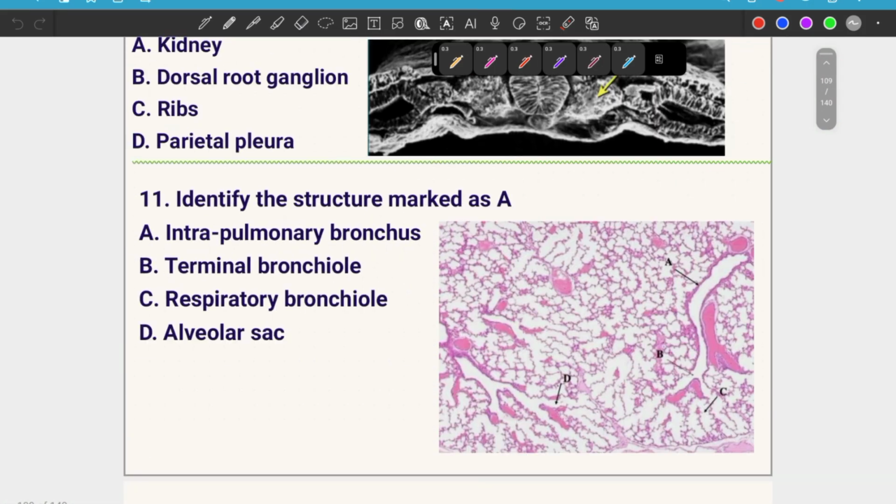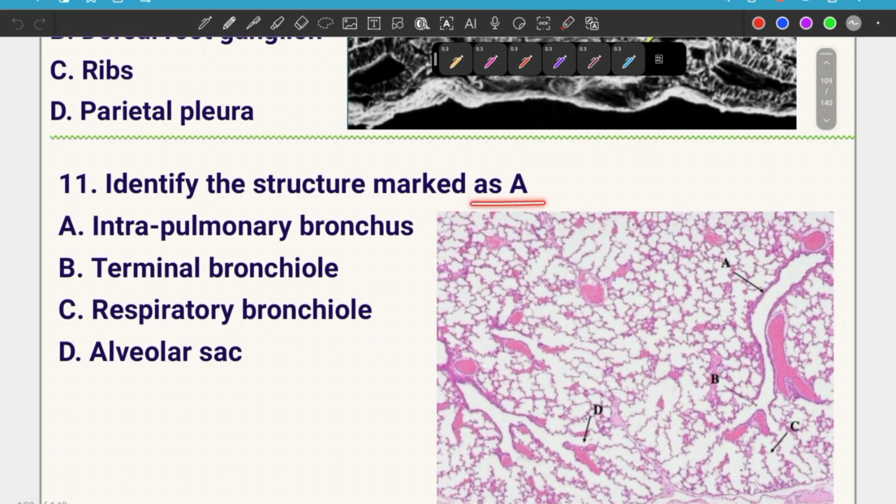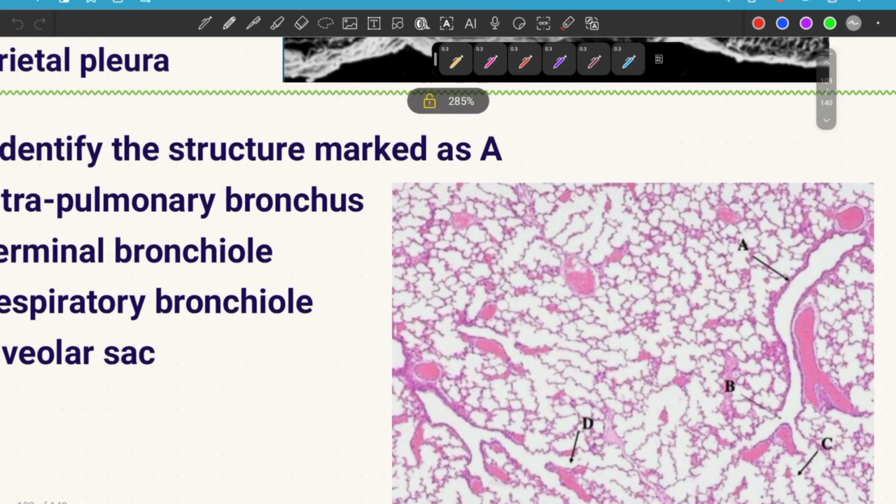Coming to the 11th one, identify the structure marked A. Here, this is the A. This is the bronchiole, we can note that. But whether it is a terminal bronchiole or a respiratory bronchiole, see, you can see here also bronchiole.